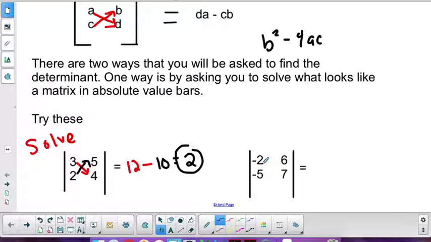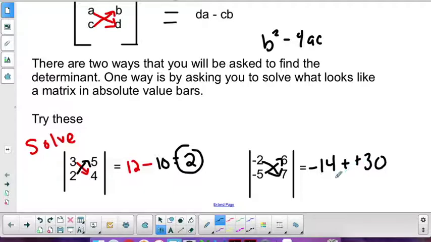All right, so let's try one that has negatives, because double negatives seem to throw people. So negative 2 times 7 is negative 14, and you're subtracting always. And then negative 5 times 6 is negative 30. So you will have a double negative in this case. When you have a double negative, remember that it is plus a positive.